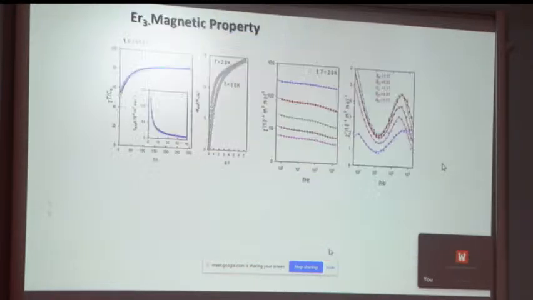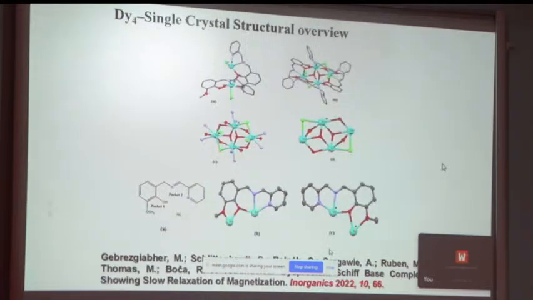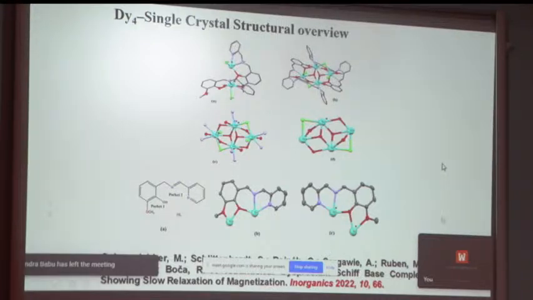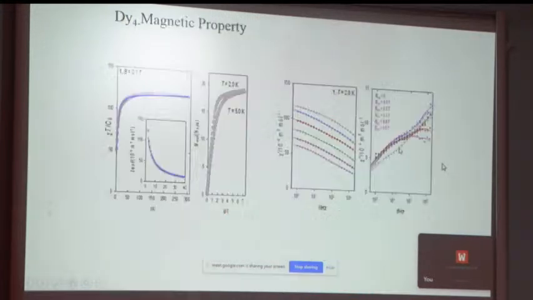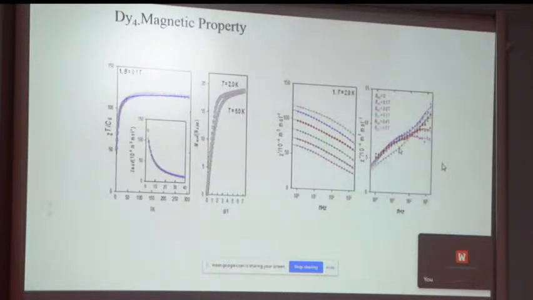This is a packing, and here also a field-induced SMM behavior is observed. This is the detailed AC magnetic susceptibility measurements. And again, we got a dysprosium 4 single molecule magnet. It has a butterfly structure configuration, and it also shows single molecule magnetic behavior as evident from the out-of-phase and in-phase signals.